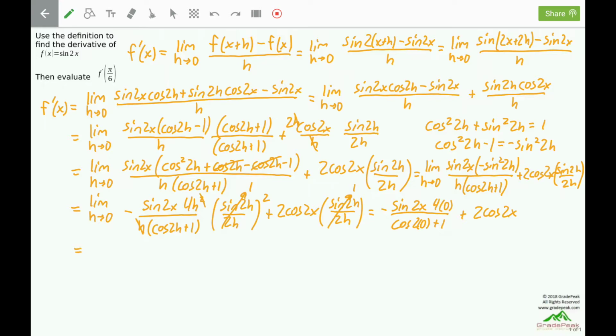Now in the numerator, I have negative sine of 2x times 0. In the denominator, I have cosine of 0 plus 1. And then all of this is plus 2 cosine of 2x. In the numerator, 0 times sine of 2x is 0. In the denominator, cosine of 0 is a 1 plus a 1 is a 2.